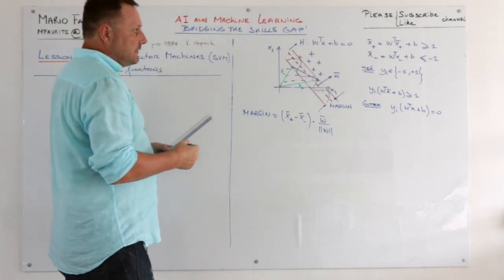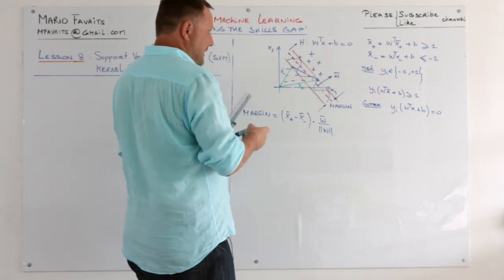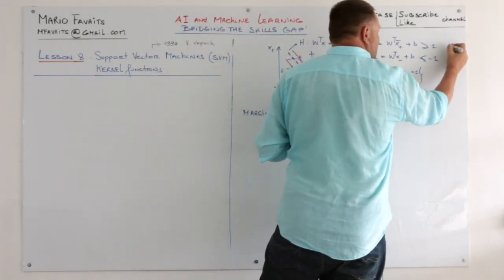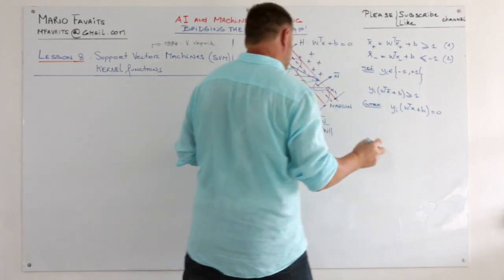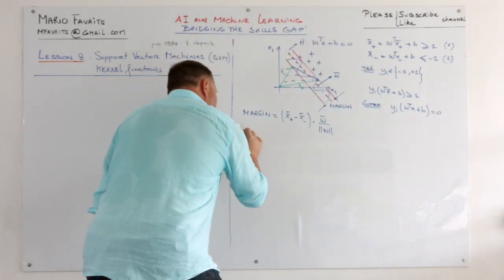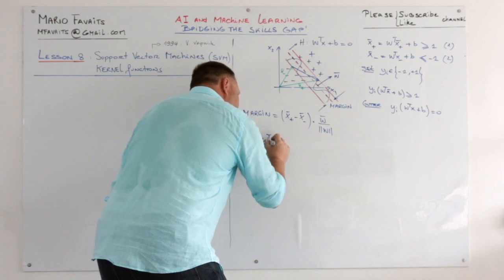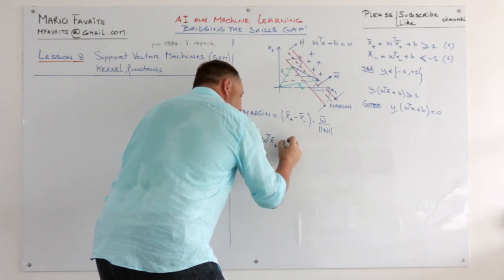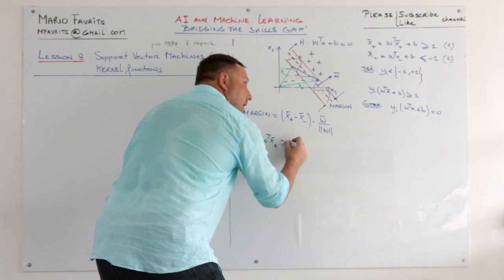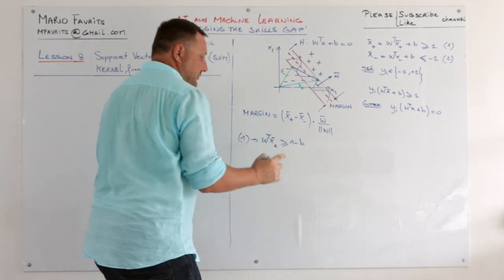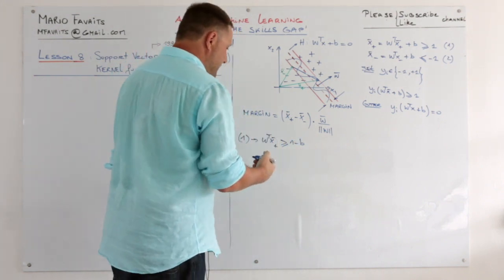So now here, let me call this one number 1 and this one number 2. Number 1 is W transpose x plus is bigger than 1 minus b. I brought the b to the other side.